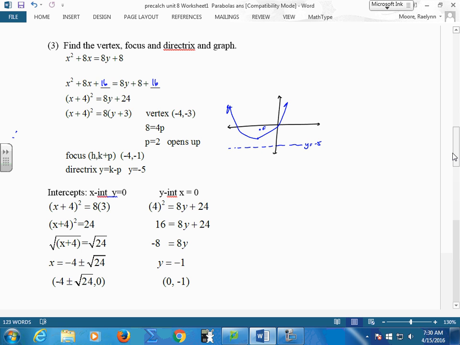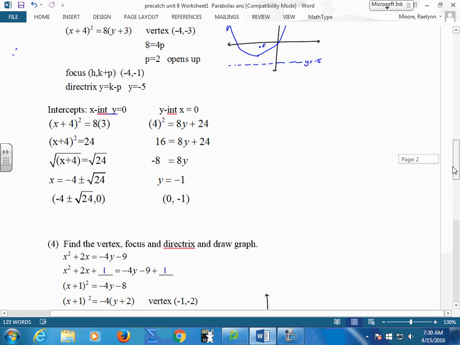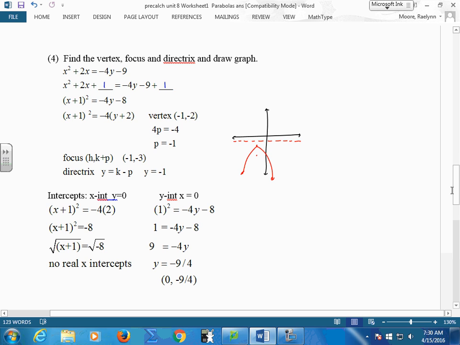Good. Again, you're completing the square. And it doesn't matter which one you go to, whichever one you like to use to find your intercepts. Use whichever one's easier.